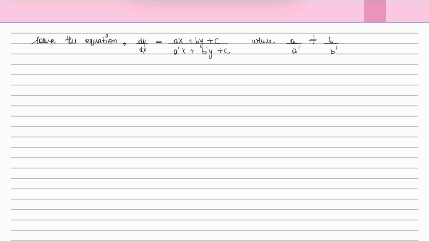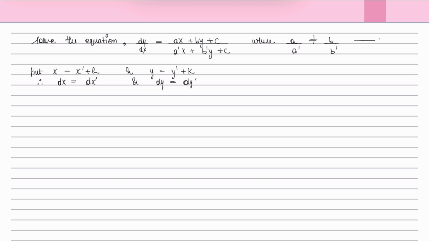In this case, we put x as x dash plus h and y as y dash plus k, where h and k are constants. When we use this substitution, we will have dx as dx dash and dy as dy dash.